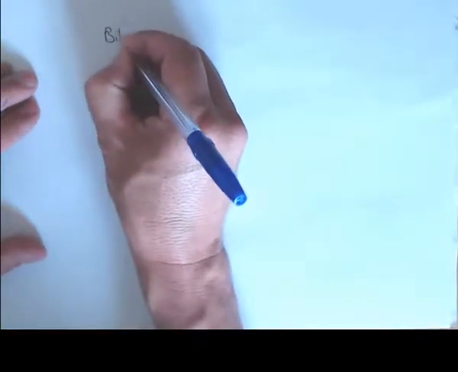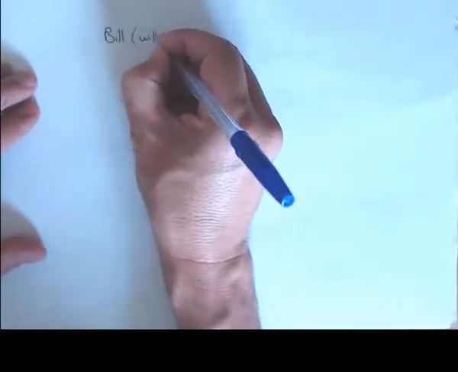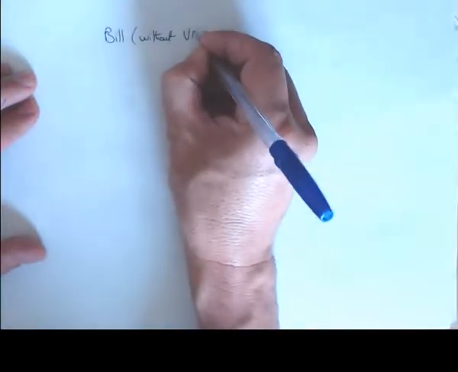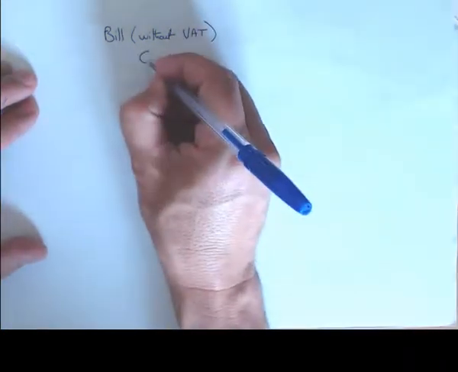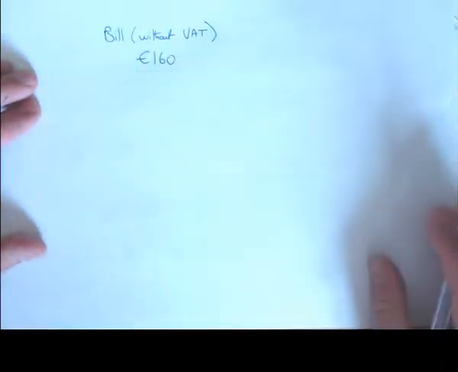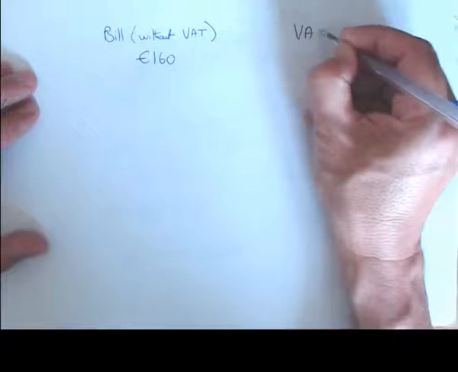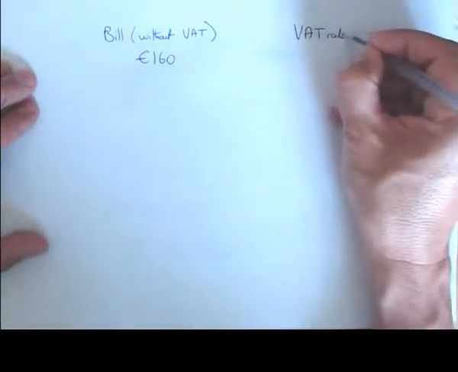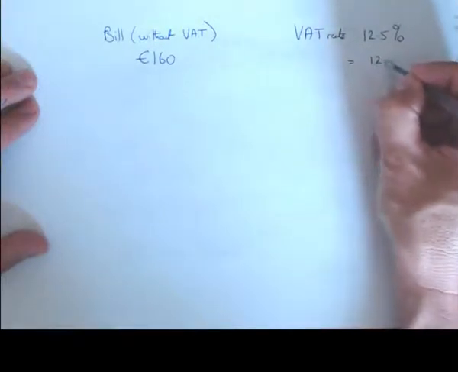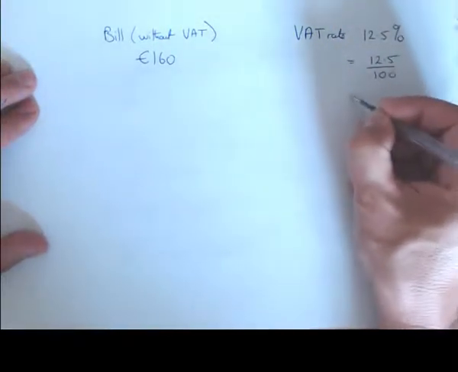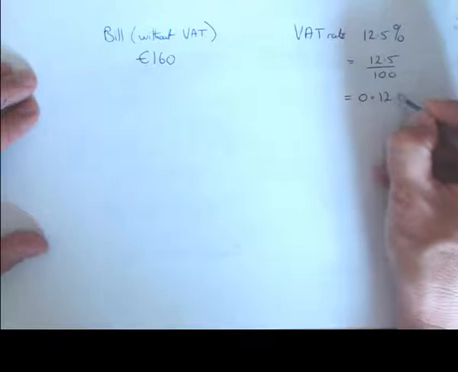In secondary school, we're not going to do that. You have your bill without VAT, and that bill was €160. You have your VAT rate, which was 12.5%, which is 12.5 over 100, which is 0.125.